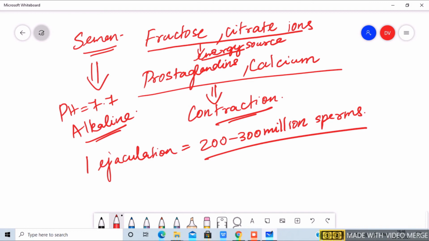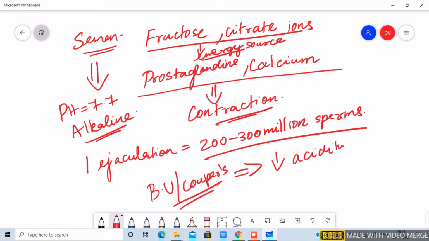And in specific, if you ask me what is the function of the bulbourethral gland, otherwise known as the Cowper's gland, very important thing, it lowers the acidity caused by the urine. It lowers the acidity because urine is slightly acidic, right?